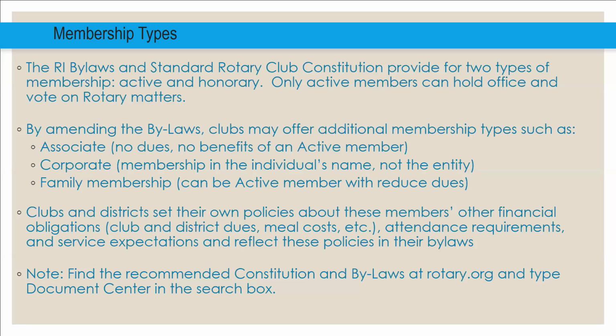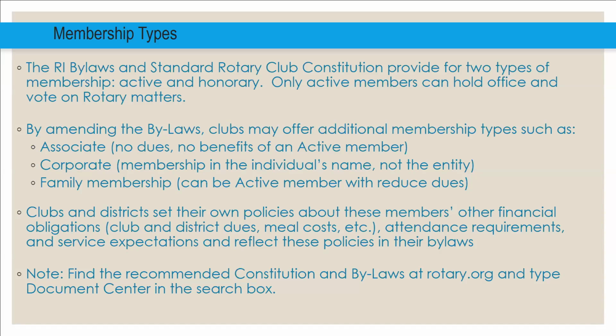Those are a little trickier to handle because you need to identify a person. So if you have an associate who is not paying dues, then they're not really an active member, and you would just put them in as a friend and not an active member in the roster. And then if they're not active, Rotary International will not charge you dues for them.